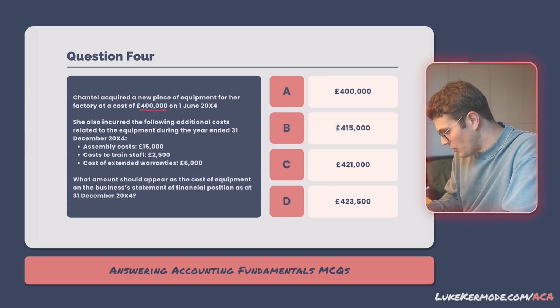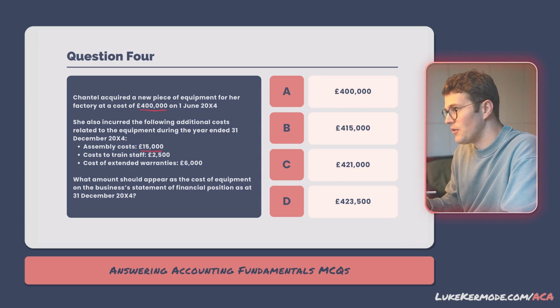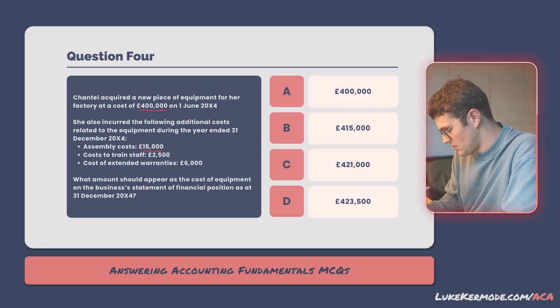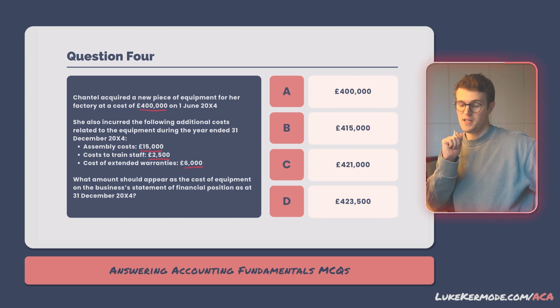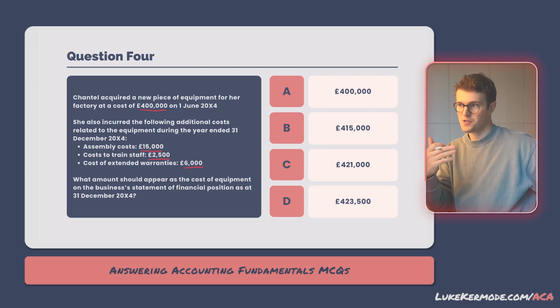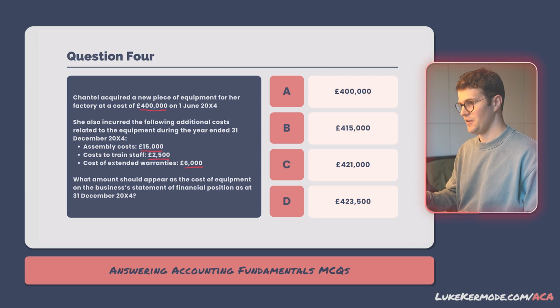She incurred assembly costs, £15,000, staff training costs of £2,500, and the cost of extended warranties was £6,000. We're asked what amount should appear as the cost of the equipment on the business's statement of financial position as at the 31st of December 20x4.